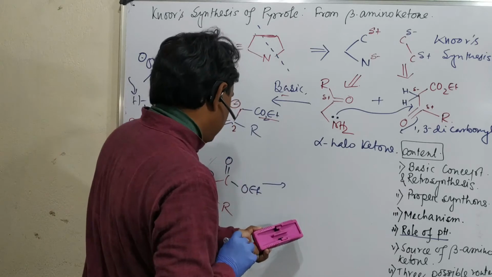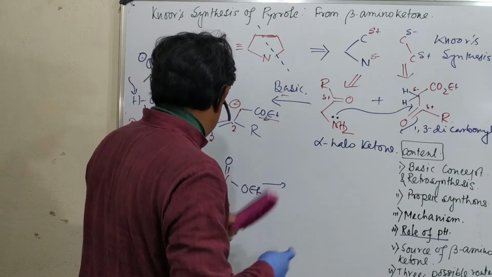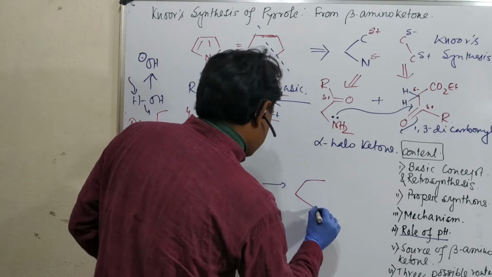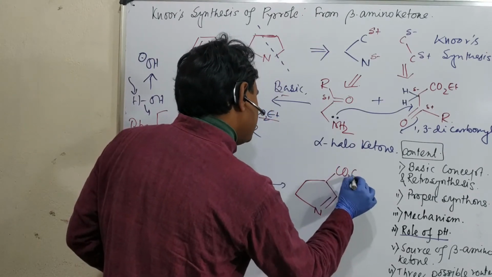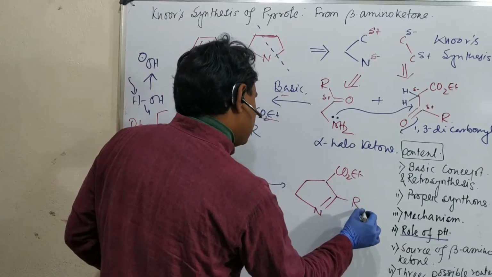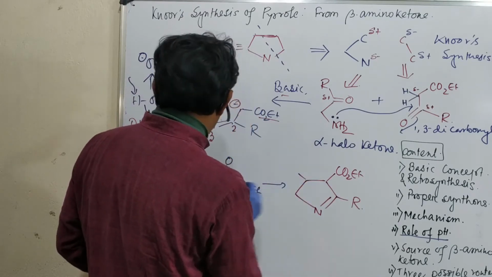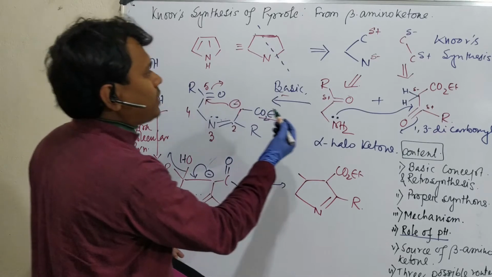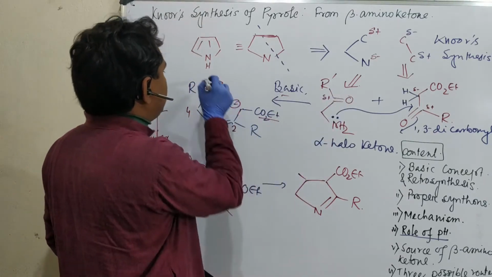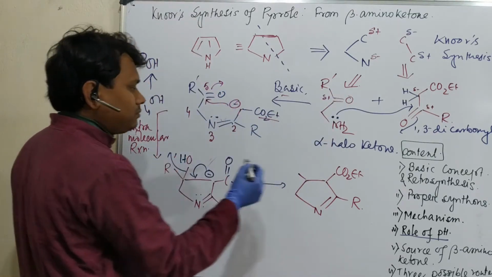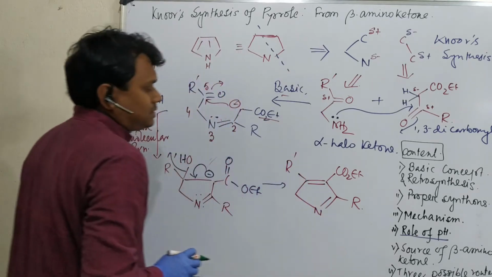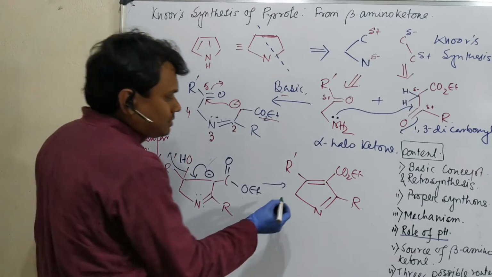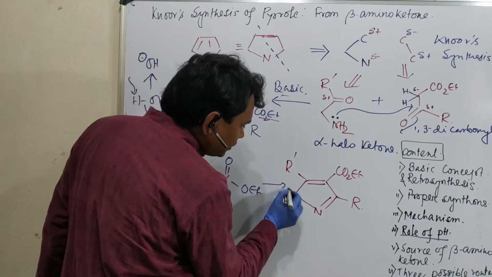Then it will result in this, the CO2Et, R, and here, better to write this as R prime, then you will have a clear idea. This is R prime and the double bond is here. So you can say this is right now a vinylogous system.